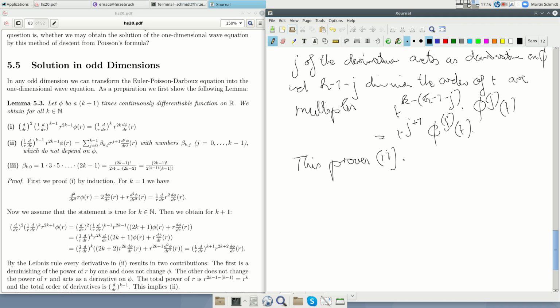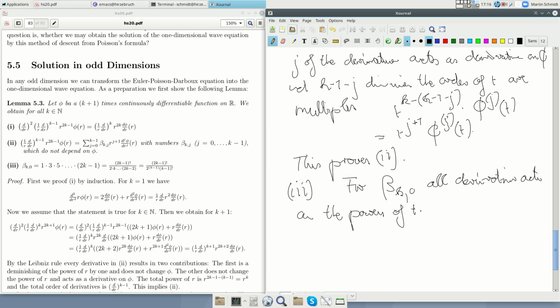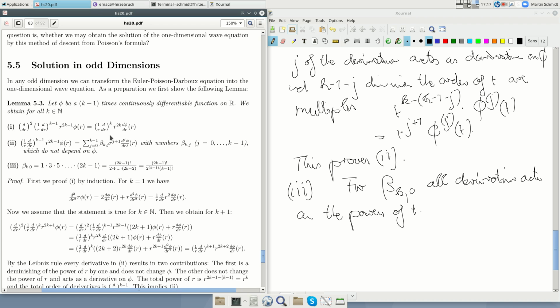Okay, this proves the second claim. Now we come to the third claim. For beta_{k0}, this means all derivatives act on the powers of r. Now let's see how they act.